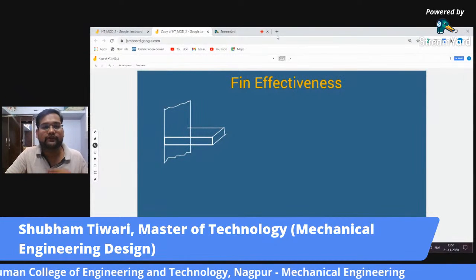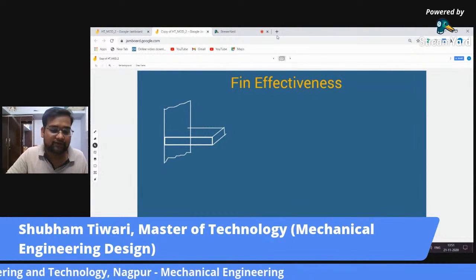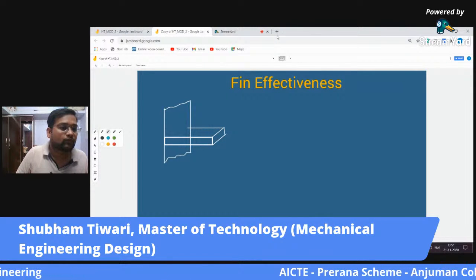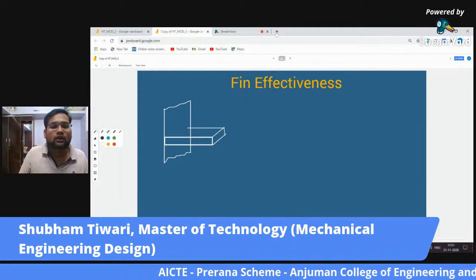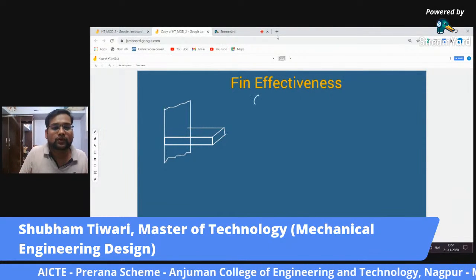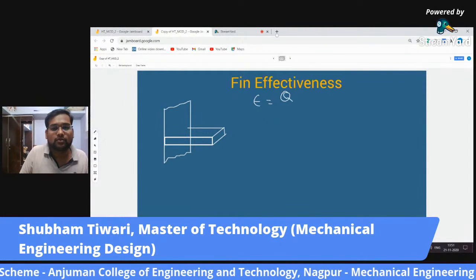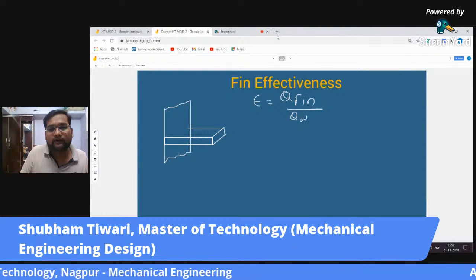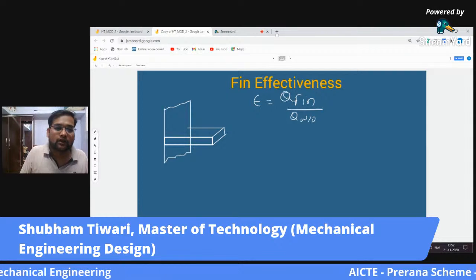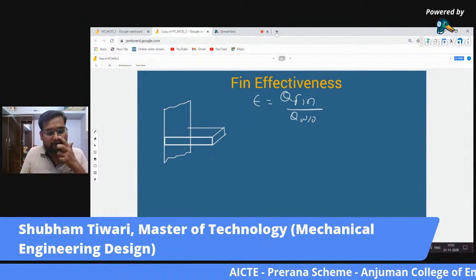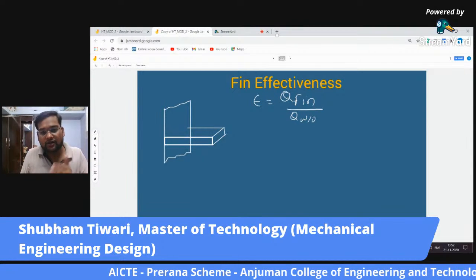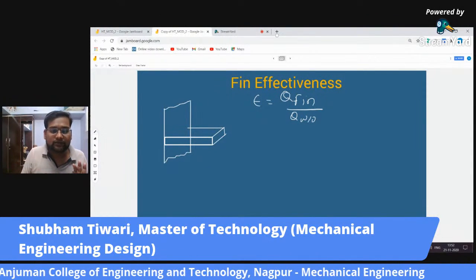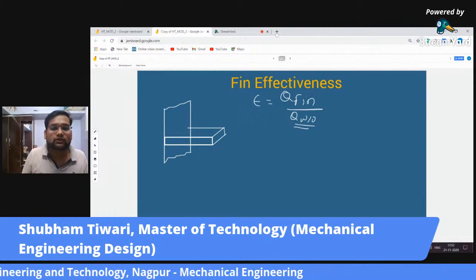Now the next term is effectiveness of a fin. What is fin effectiveness? Fin effectiveness is given as the ratio of heat transfer through the fin and heat transfer without the fin. We know that this value changes with the type of fin; for short fin and long fin, these two values are different. But what about the heat transfer without the fin?